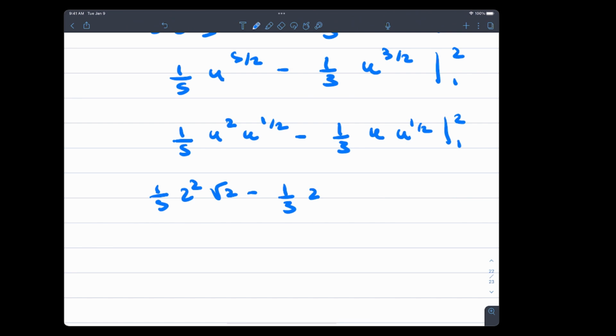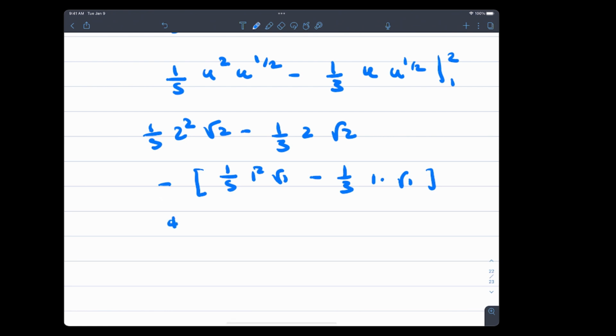Minus 1/3 2 square root of 2, minus, well, now u is 1, so it's going to be 1/5 1 squared square root of 1 minus 1/3 1 square root of 1.